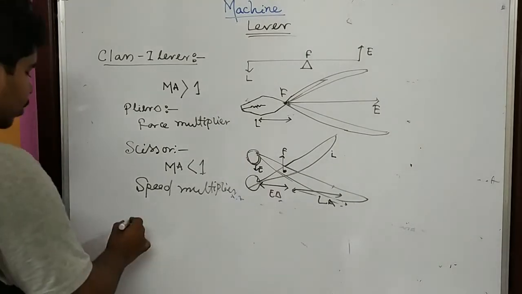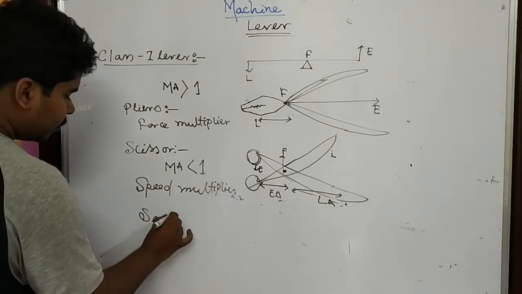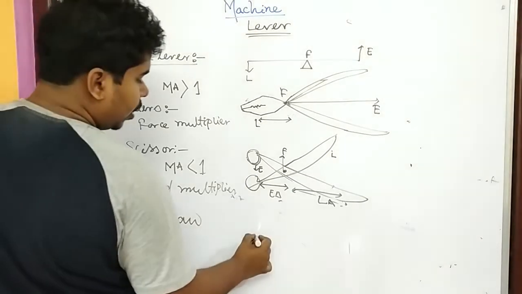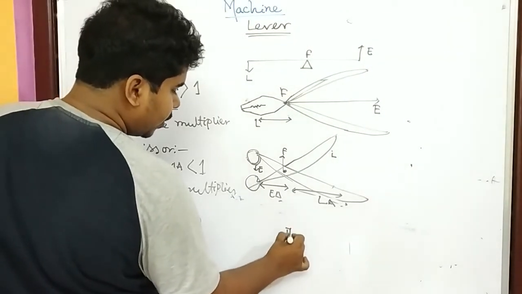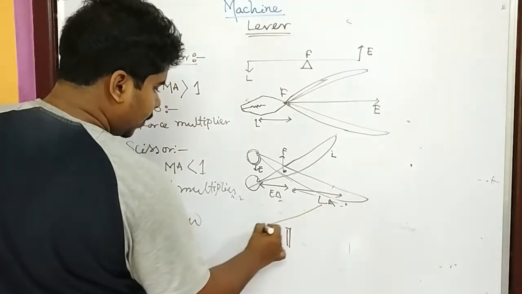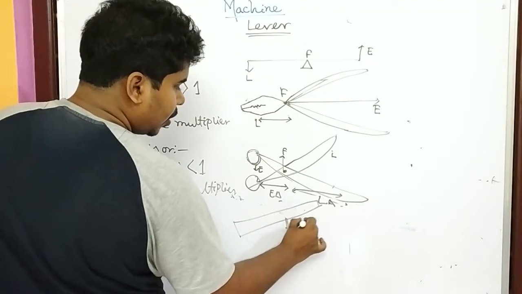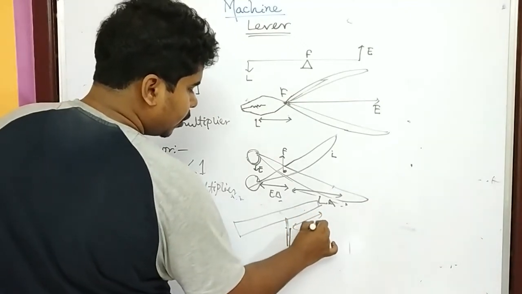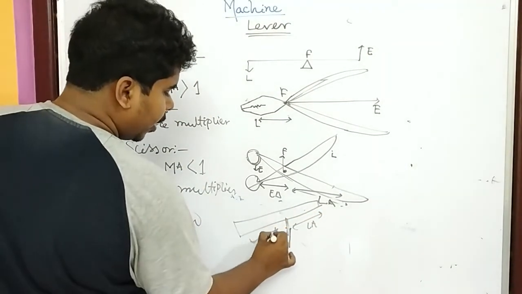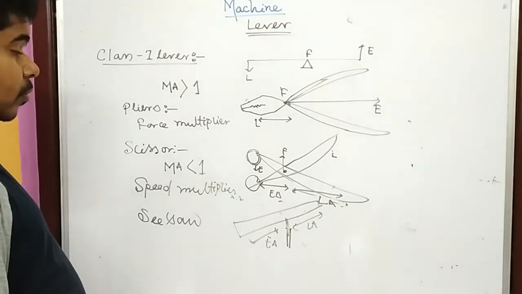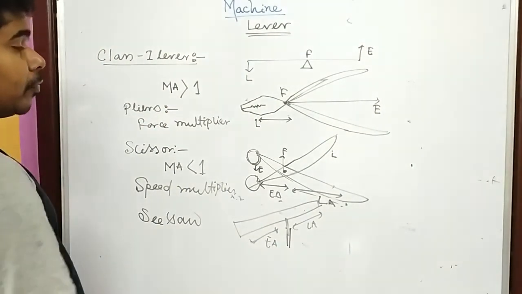If I am talking about a seesaw, here we know that there is a fixed point and it is fixed at the middle. So the load arm and effort arm lengths are the same for a seesaw.